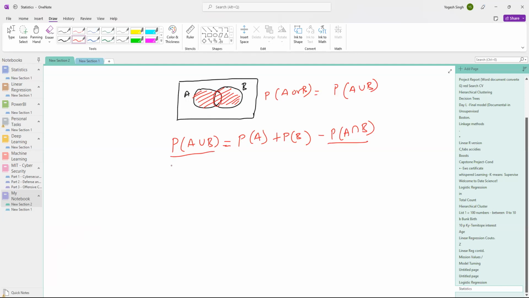This is known as the probability A or B, event A or event B, or both happening together.